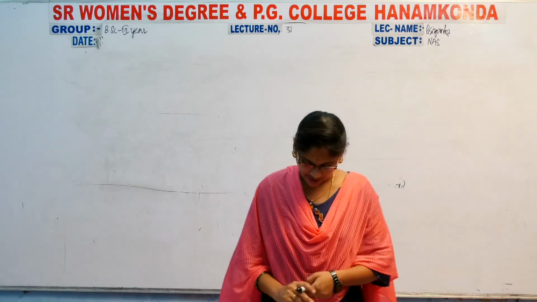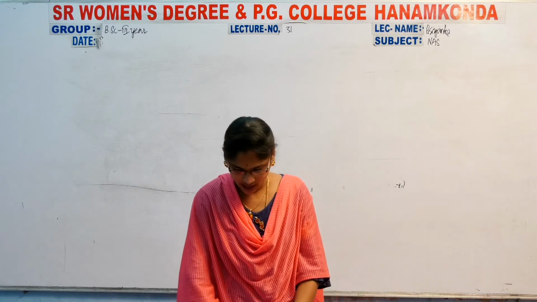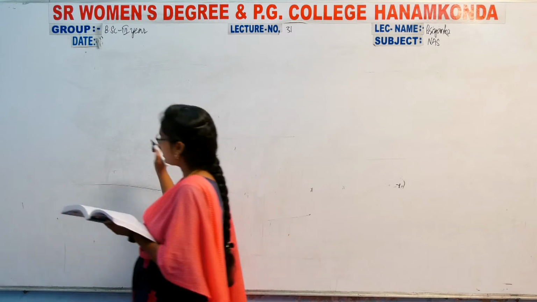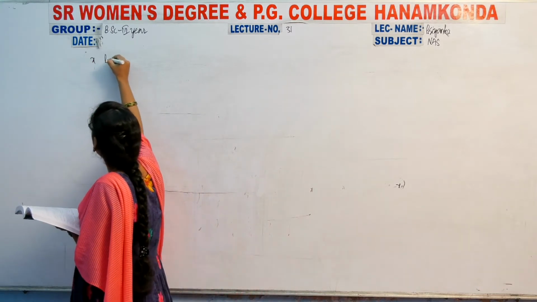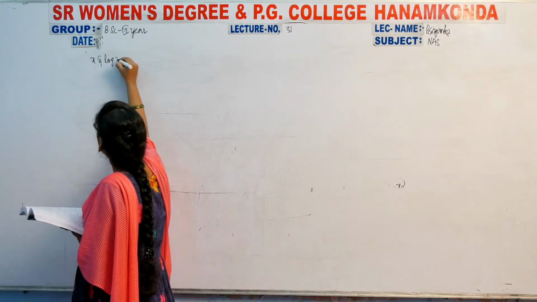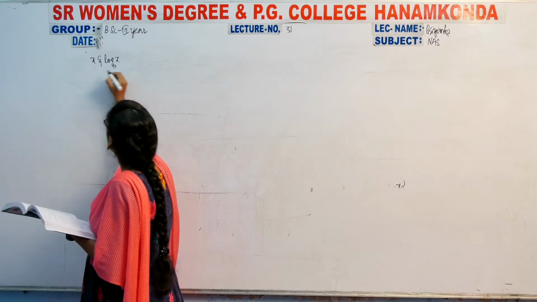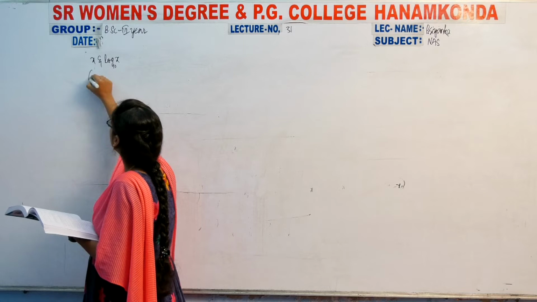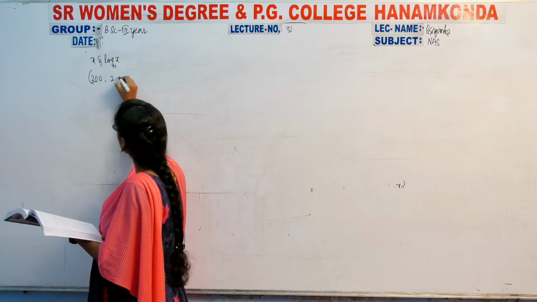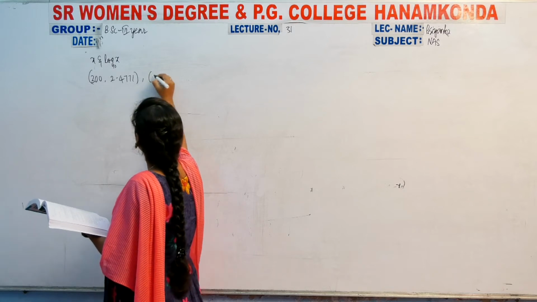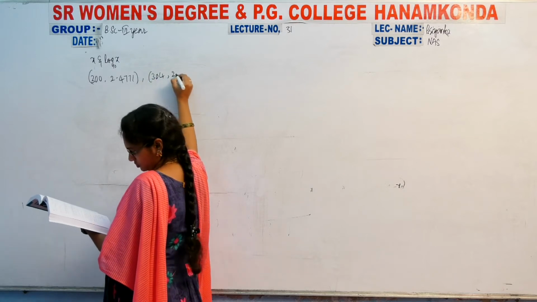Certain corresponding values of x and log x base 10 are 300, 304, and so on. Write down as it is.